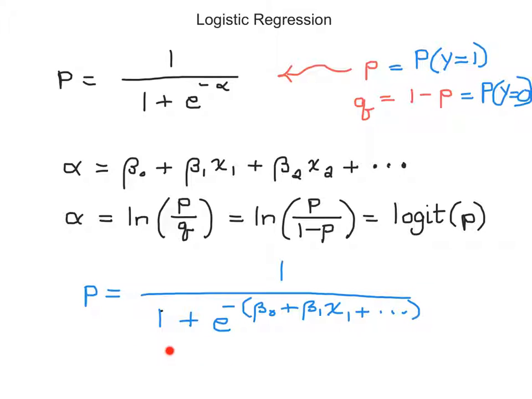Let's take a look at what this looks like when we graph it. So here we're going to take our equation for the probability of a true outcome, which is 1 over 1 plus e to the negative alpha, where alpha is our logit function.